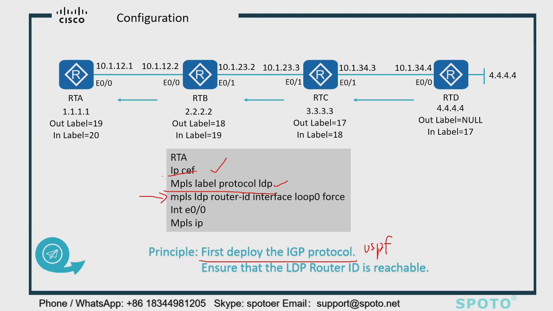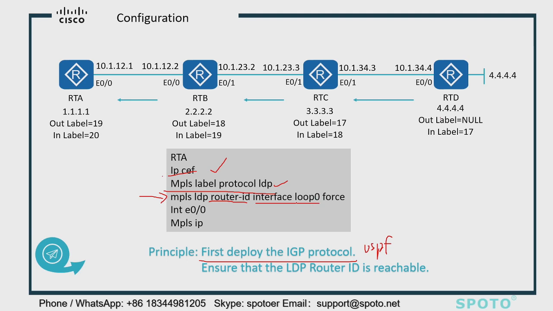And for this one, the router ID, just like the router ID in the OSPF protocol, is used to indicate the router in the MPLS. So it means the different routers need to have different router IDs here. And almost always we use the interface loopback IP address as the router ID.